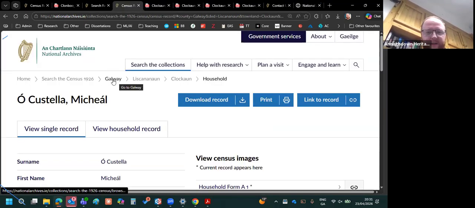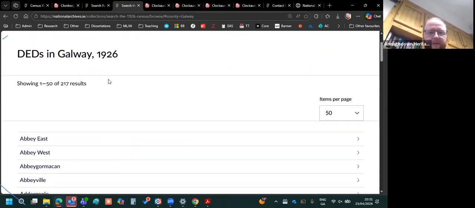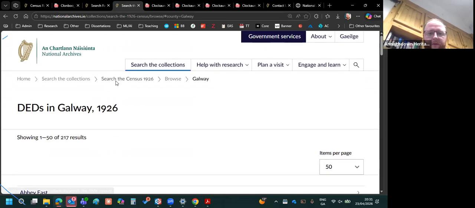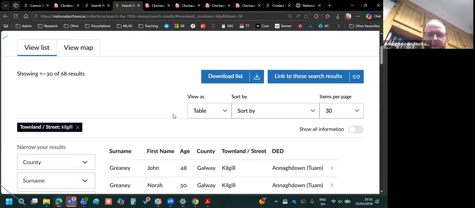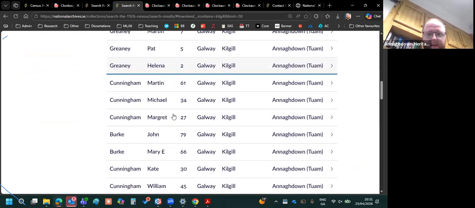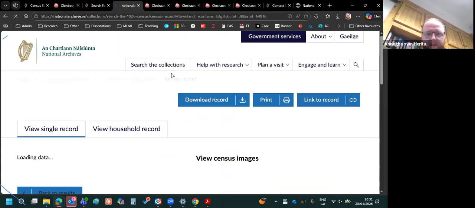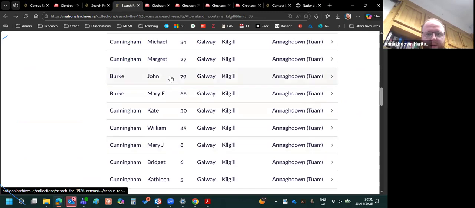So John was talking there about listing the birthplace of each person. So I looked at that in Kilgill. Everyone in our house was born in Kilgill. So let's look at Cunningham. That's another one. Everyone was born there.